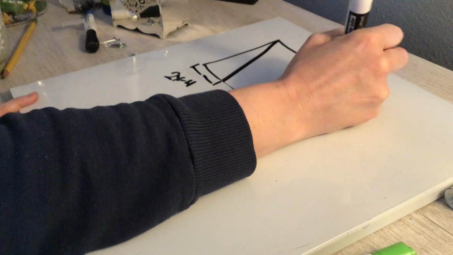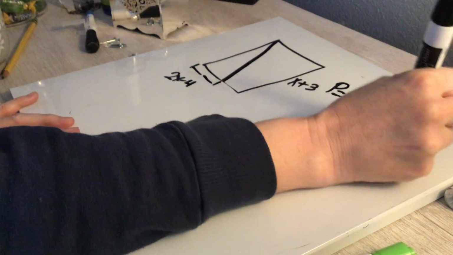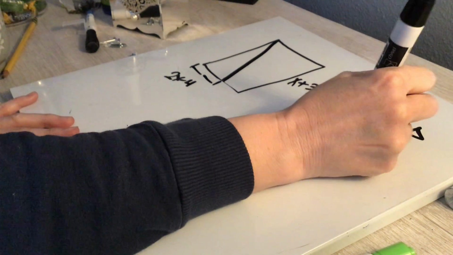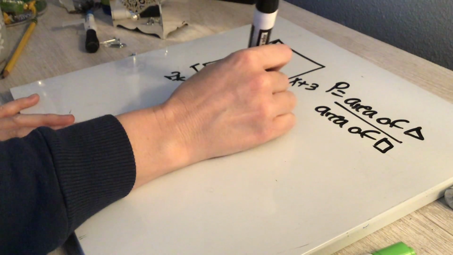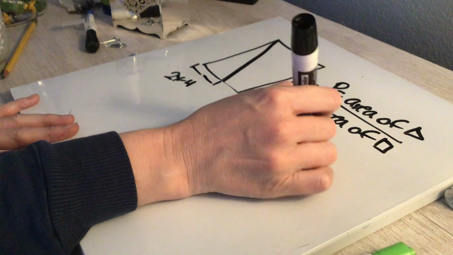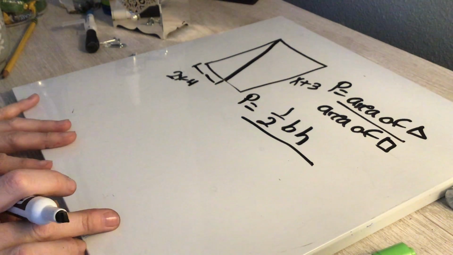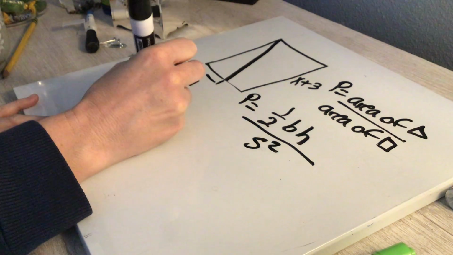Okay? So the probability is going to be the area of the triangle divided by the area of the square. Okay? So area of a triangle is 1/2 base times height. And the area of a square is just a side squared.